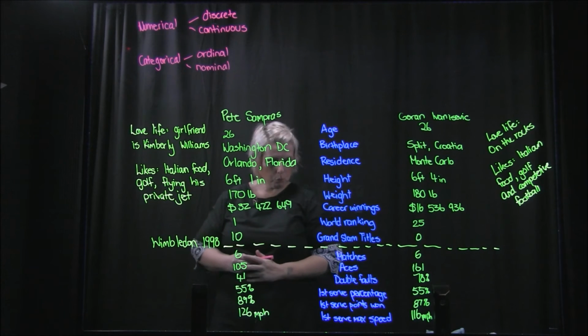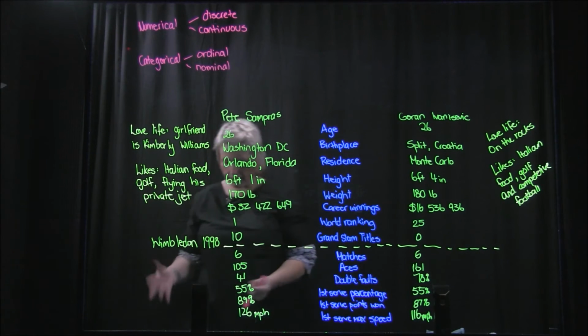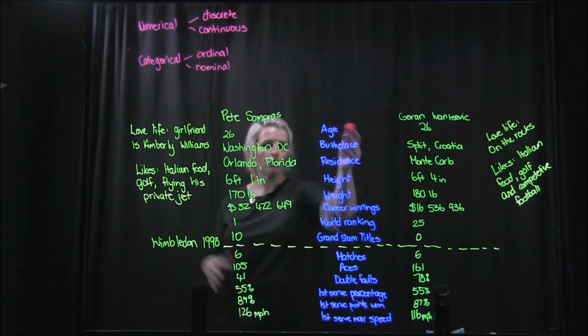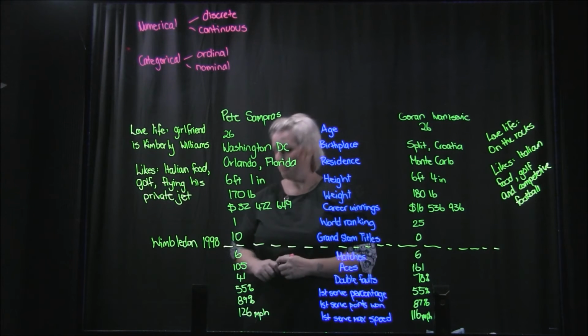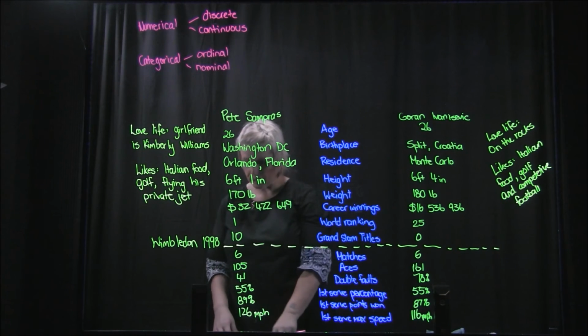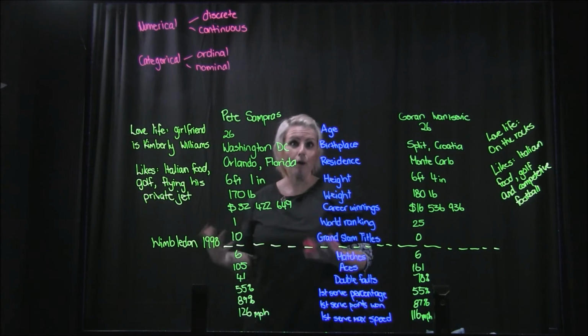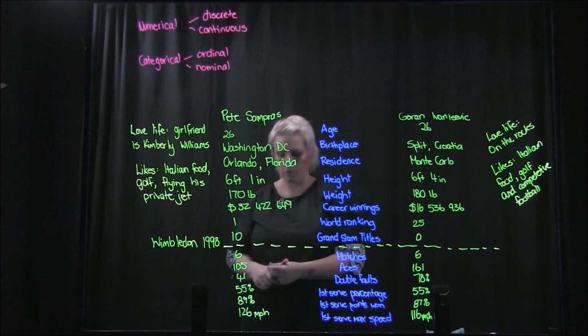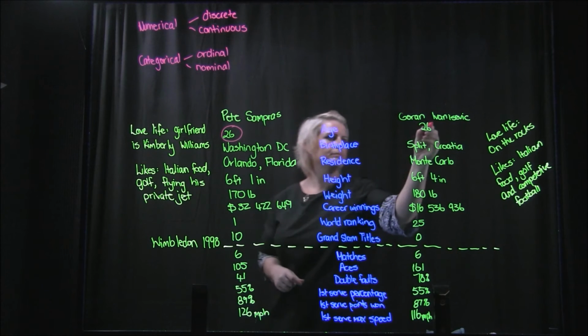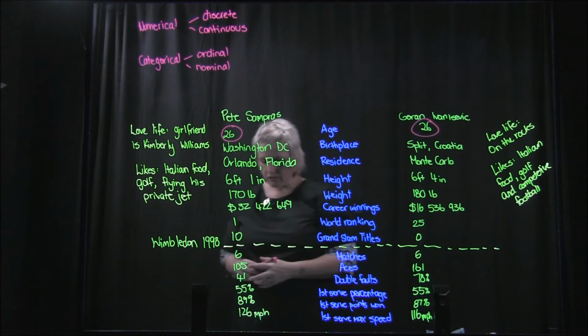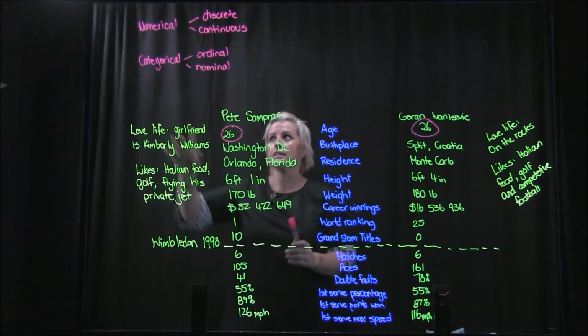Okay, so what we're going to look at is age. So age, what type of data is that? Think to yourself whenever I ask these questions, maybe write them down and see if they match with what I say. So if we look at age here, your age, straight up, is numerical.